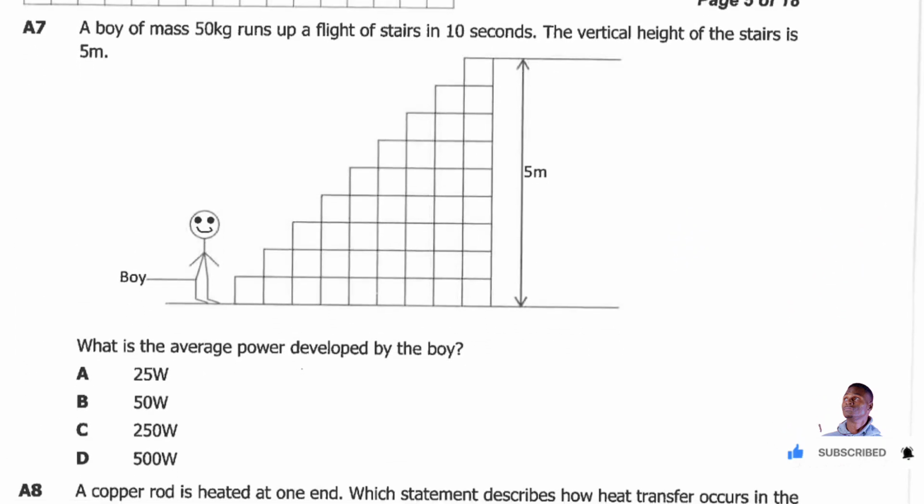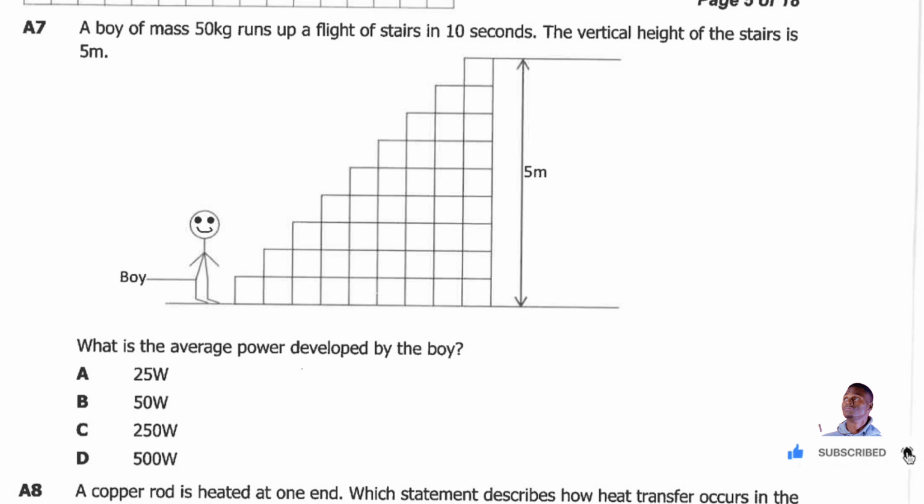A boy of mass 50 kg runs up a flight of stairs in 10 seconds. The vertical height of the stairs is 5 meters. What is the average power developed by the boy?